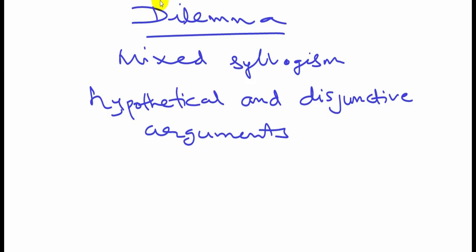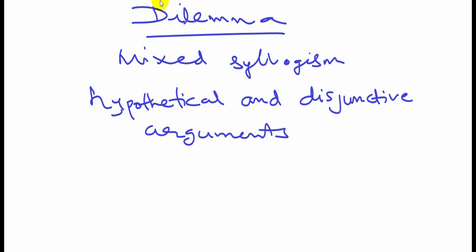The minor premise is a disjunctive proposition which either affirms the antecedent or denies the consequent, and the conclusion is either categorical or disjunctive.